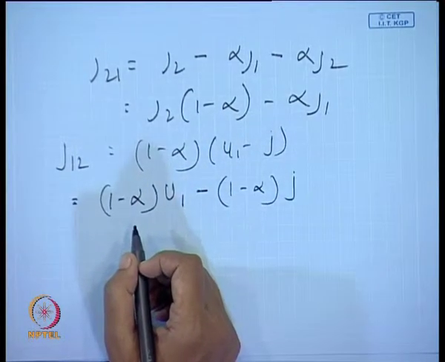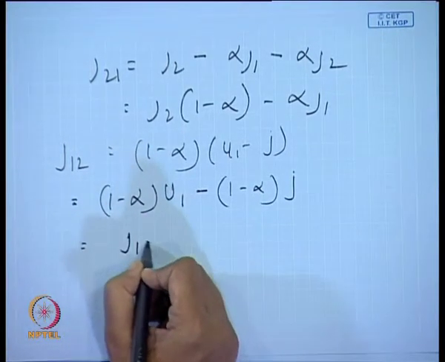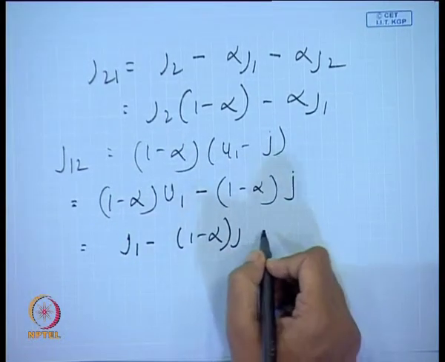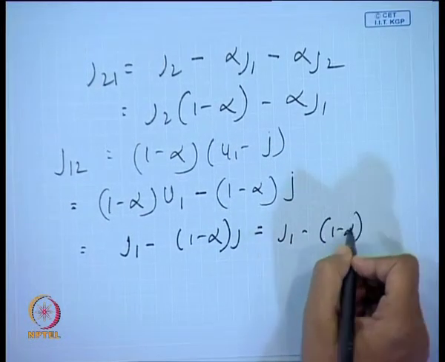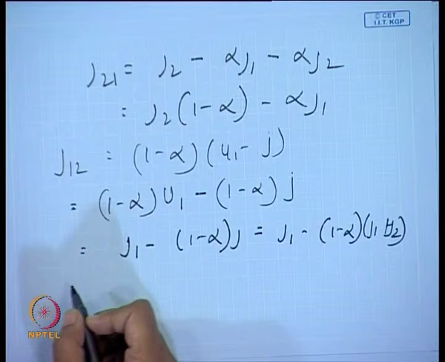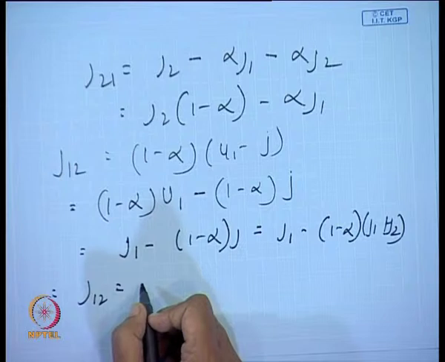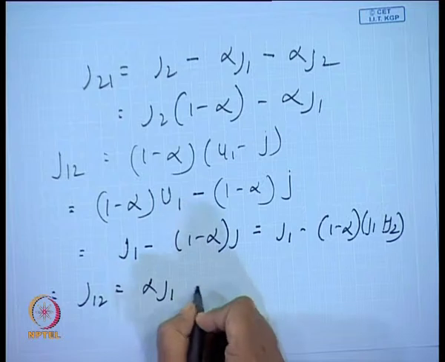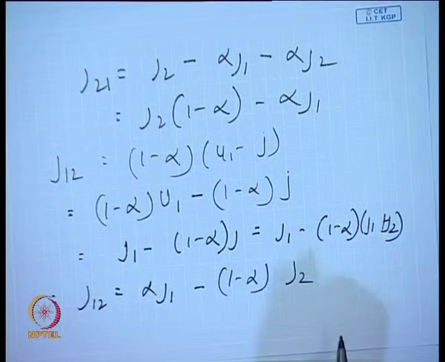And from here we can just write it down as j1 minus 1 minus alpha into j, which is nothing but j1 minus 1 minus alpha into j1 plus j2, okay. Or in other words, j12 can be written down as alpha j1 minus 1 minus alpha j2, okay.